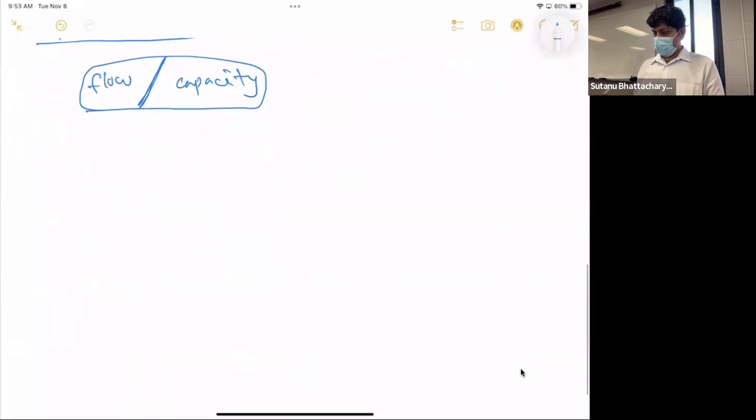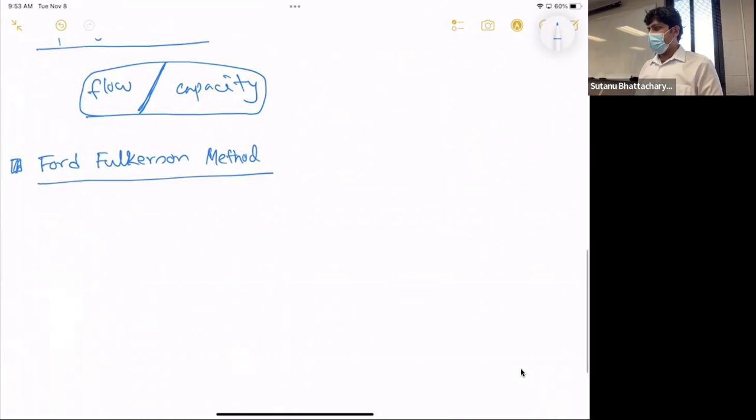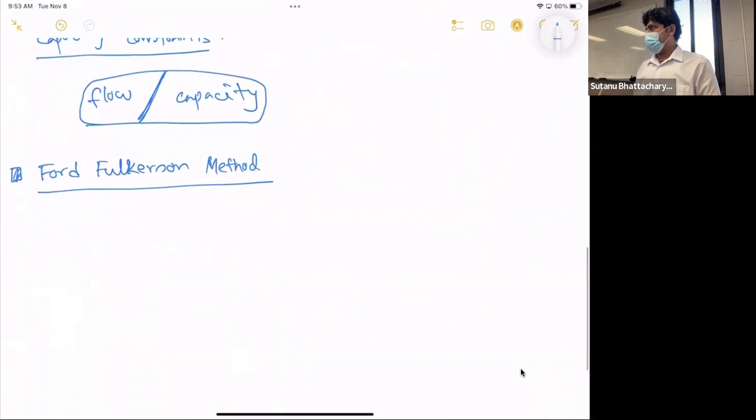Now, here we will apply the Ford-Fulkerson method to find the maximum flow.